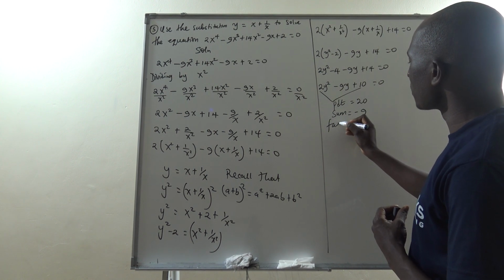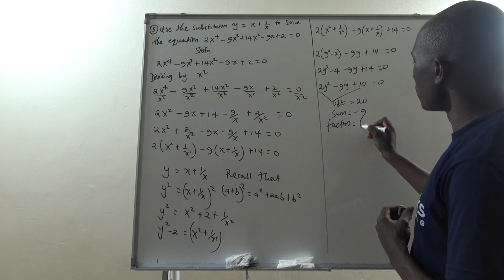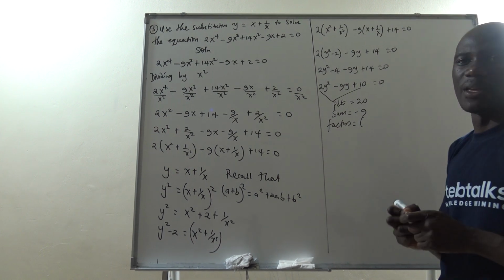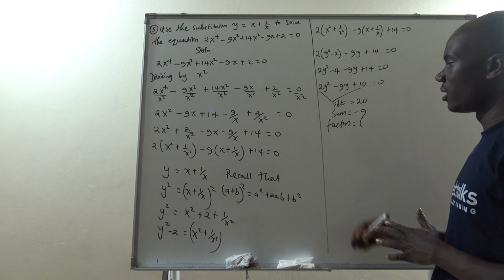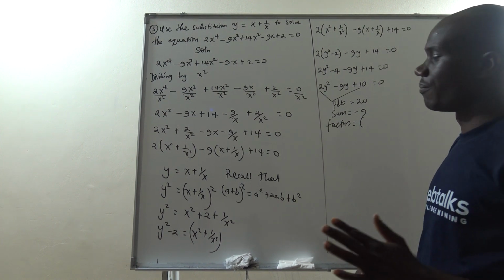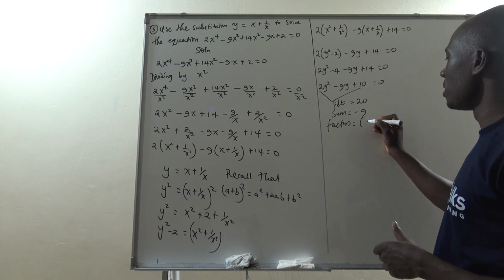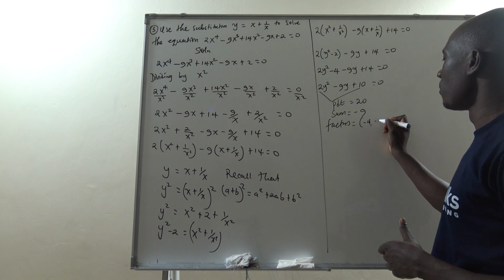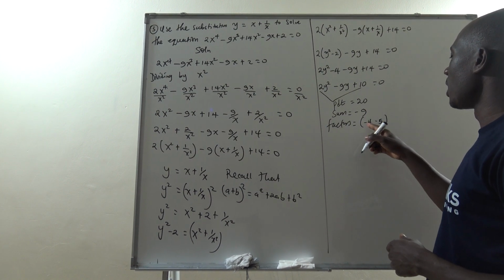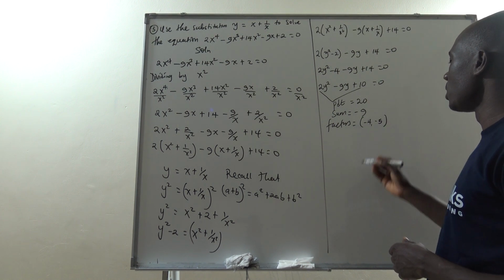We look at the factors. Think of two numbers: when you multiply them, you get a +20, and when you add them, you come out with a -9. So according to me, I'm seeing a -4 and a -5. Negative times a negative, you are getting +20.